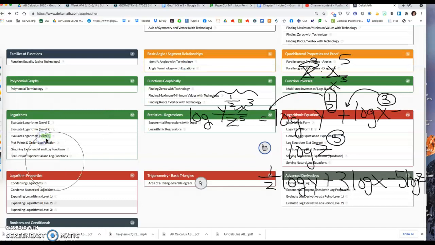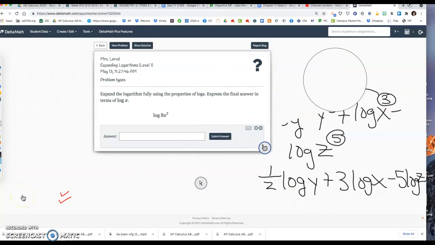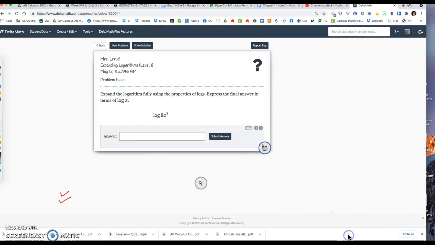So we just did, of your 4, we just did this guy. We're gonna go to one of these next. Expanding level 1. All right. We're working backwards, distance learners, because some of these guys in here are done with the first sections. So the next one says to expand this fully using properties, but this is expand level 1, so it's just not going to get as ugly.